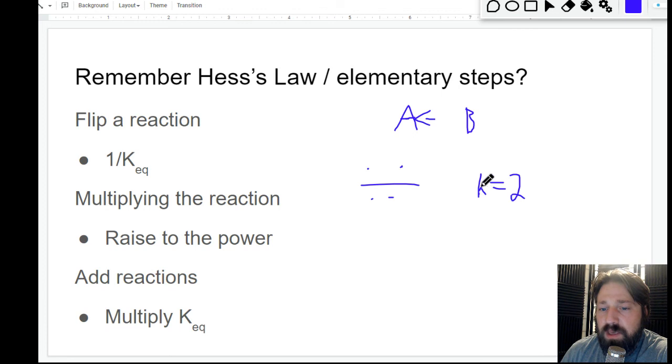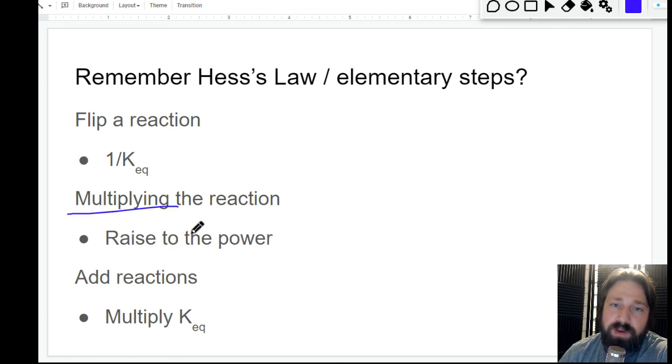K is just going to be the reciprocal of 2. So it's going to be 1 over 2, or 0.5. That's all we're talking about. If you flip the reaction, we're going to be taking the reciprocal of the K, the equilibrium constant.